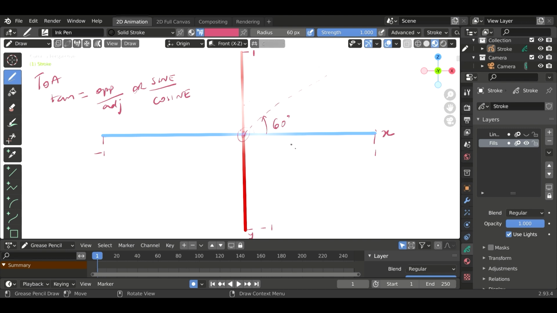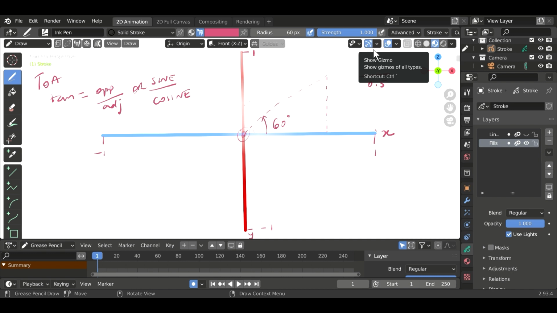So what is cos 60? My memory is not accurate, so I'll need to check it using a calculator. So cos 60 is 0.5. Remember, cos is the one at the bottom, 0.5.